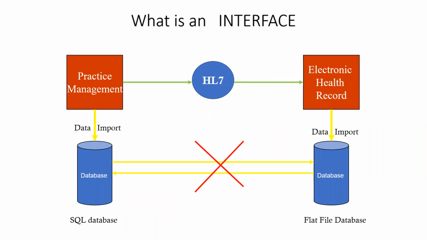As HL7 is the common medium of communication, these applications will talk to each other through HL7. It doesn't matter what database the source system is on. PM may be using a SQL DB, and the electronic health record may be using a flat file database, but the main medium of communication will be HL7, right? And that happens through a bridge, which we call an interface.